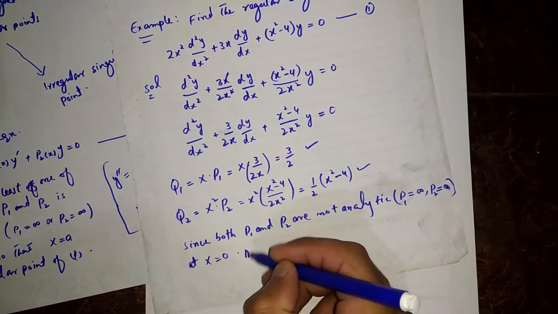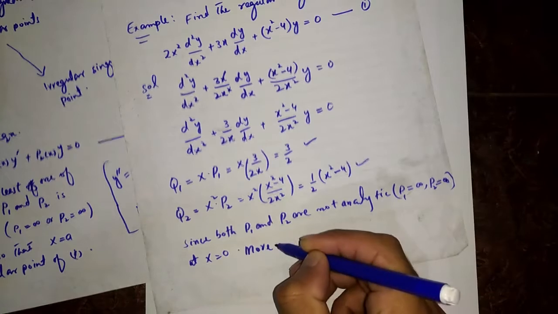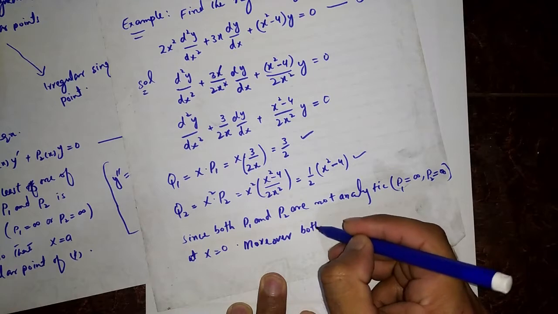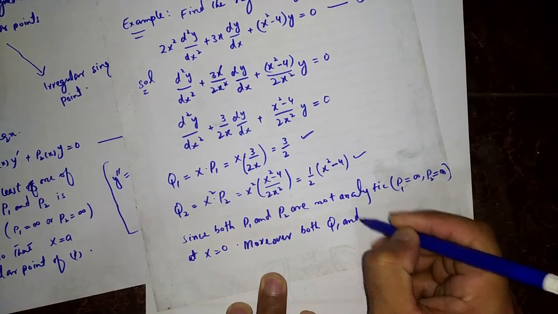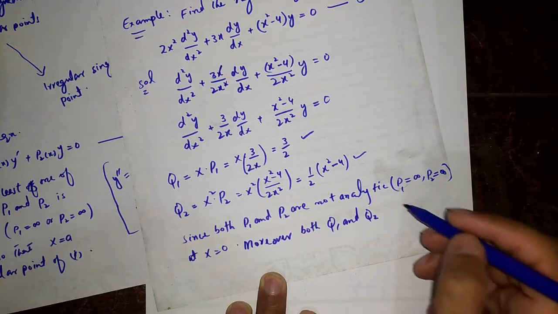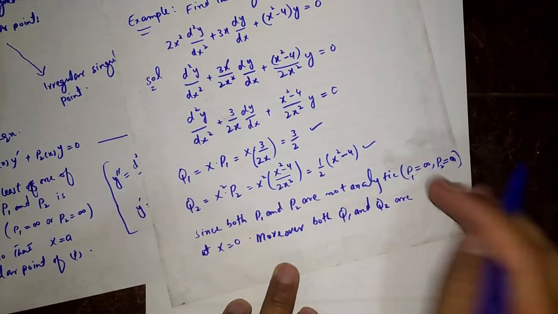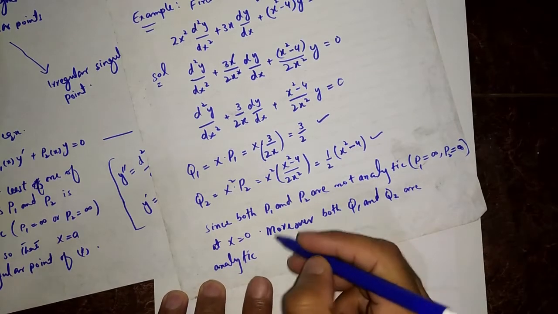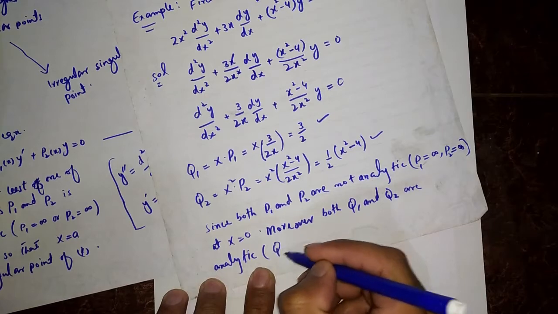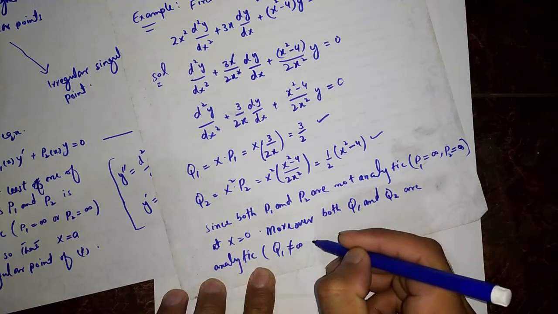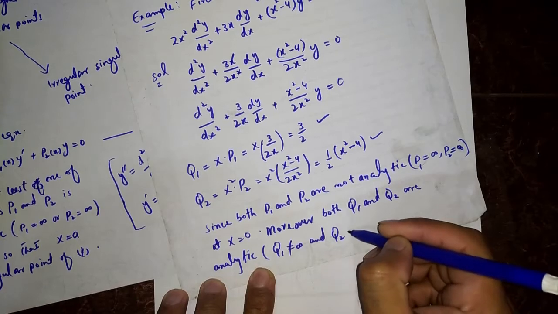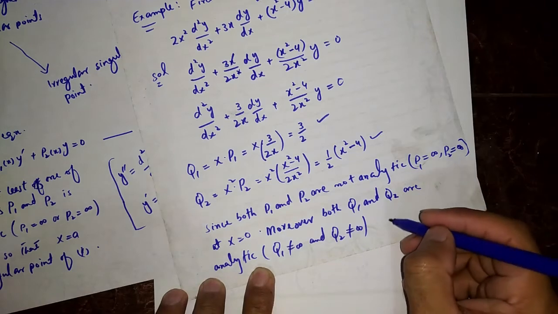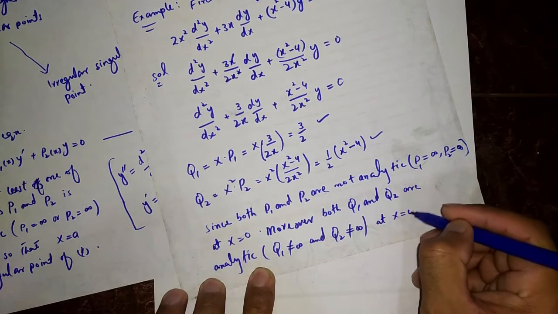Moreover, both q1 and q2 are analytic. This means that q1 doesn't go to infinity, and similarly q2 doesn't go to infinity at x equals to 0.